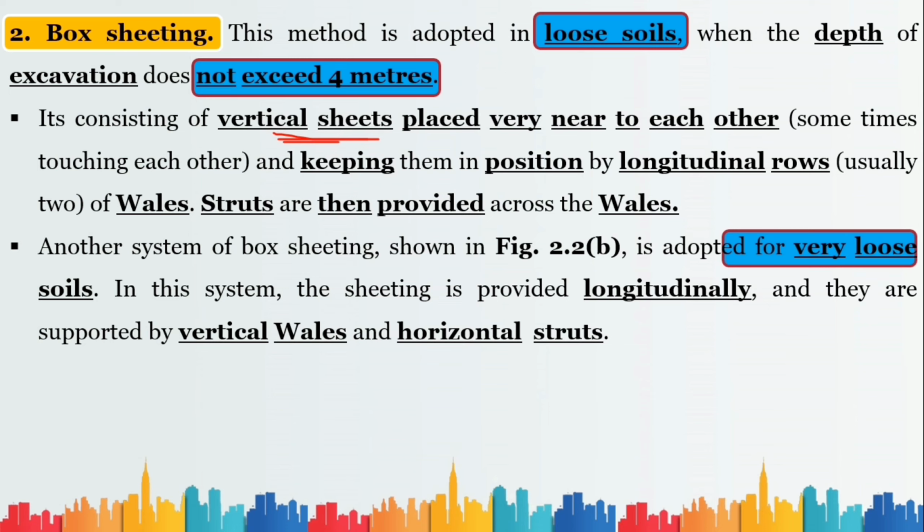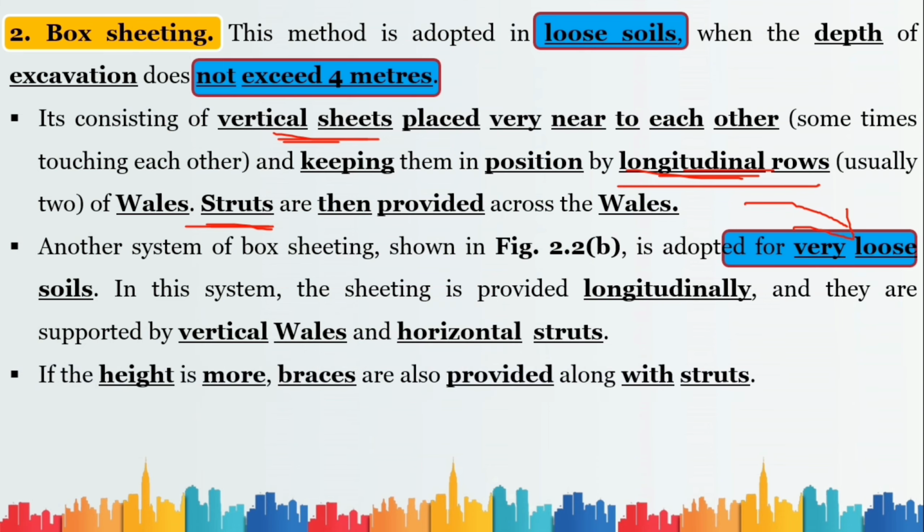That means now we use it in the horizontal condition. Same for the longitudinal row, we also change the direction, and for the strut we also change the direction. After changing the direction of all the components, we have indirectly completed the condition for the very loose soil.